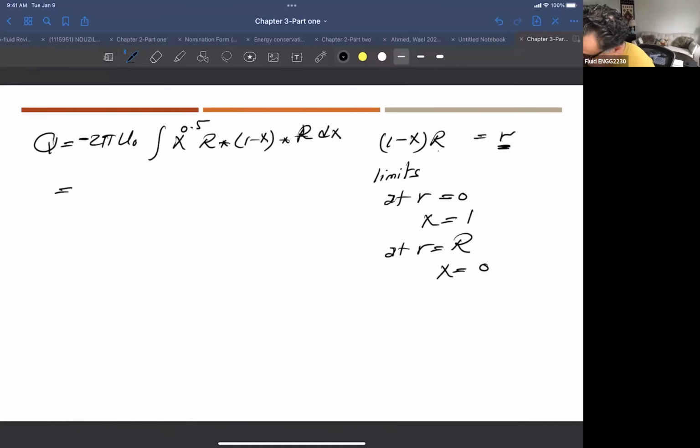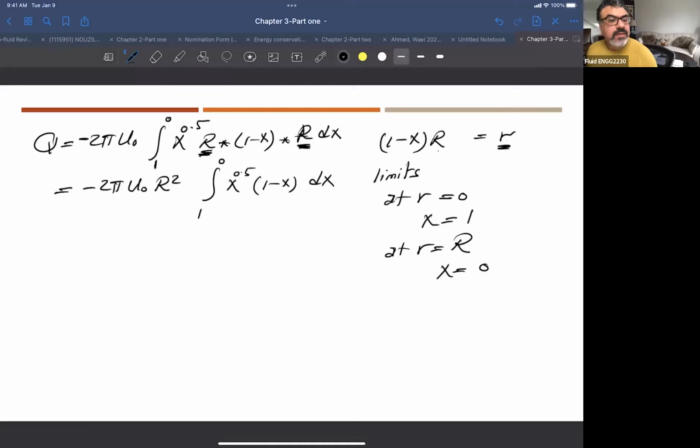Now I convert the whole thing into minus 2 by u naught R square, right? This is constant. The limits here: when r is equal 0, x is equal 1. When r is equal R capital, x is equal 0. So now I have this integration, x to the power 0.5, 1 minus x dx.